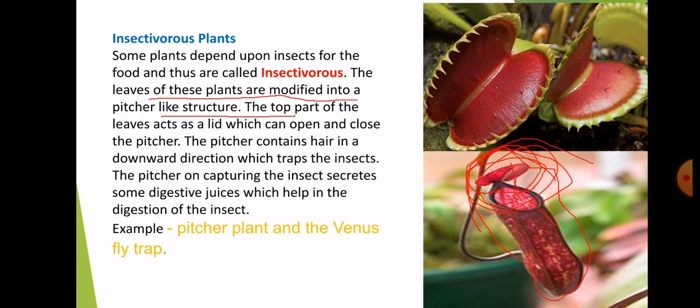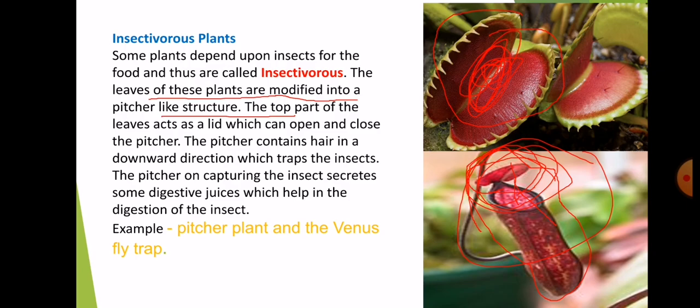For example, this is a pitcher plant, and the above picture is of the Venus fly trap plant. In this also, when any insect sits in this portion, it will close and secrete digestive juices to digest the insect.